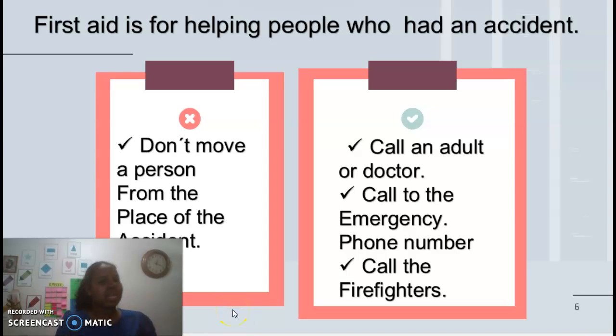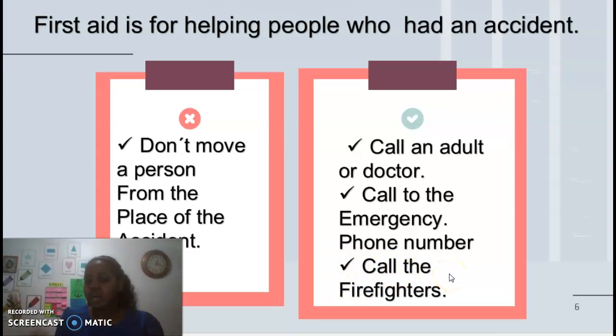That's something negative. That's an action that we cannot do. But what can we do? We can call an adult or a doctor, or we can call the emergency phone numbers. Also, we can call the firefighters.